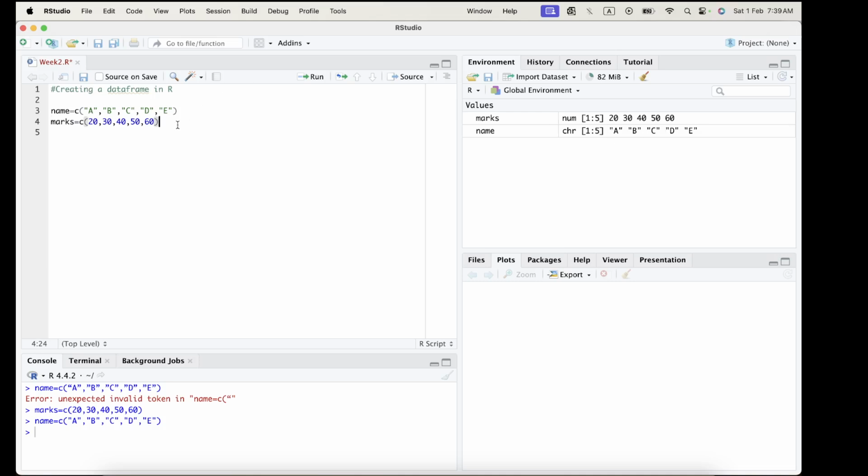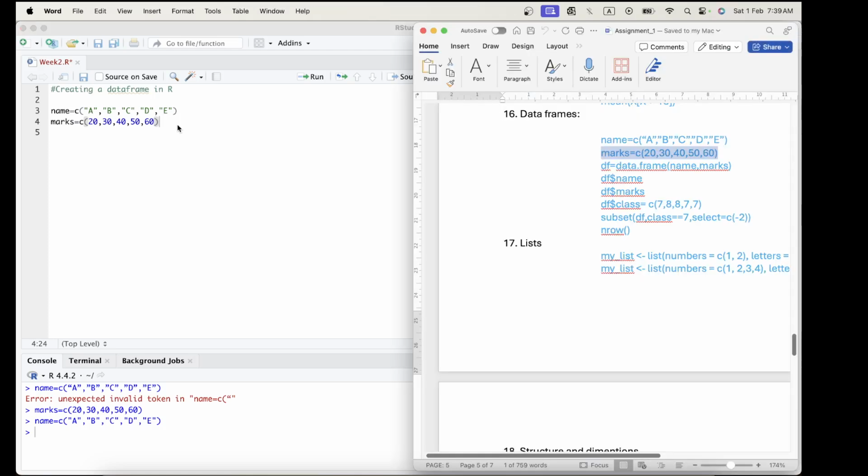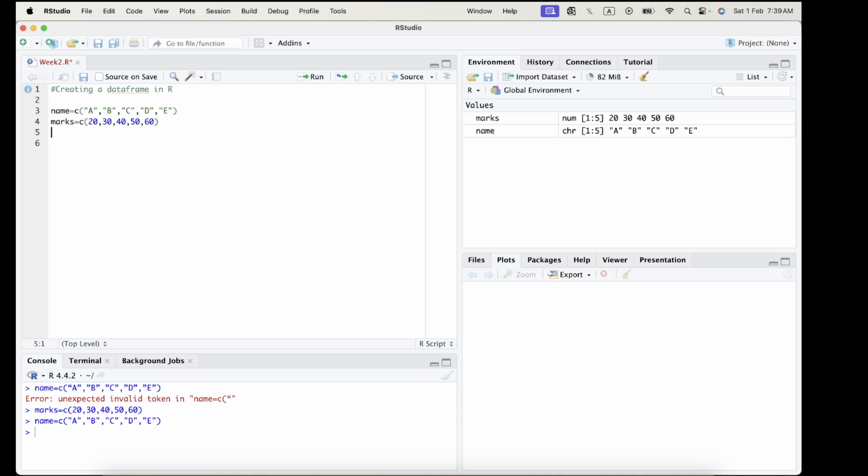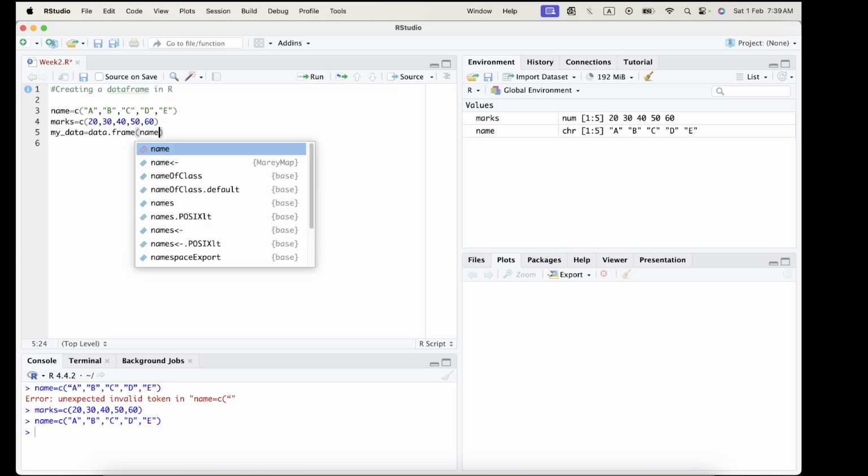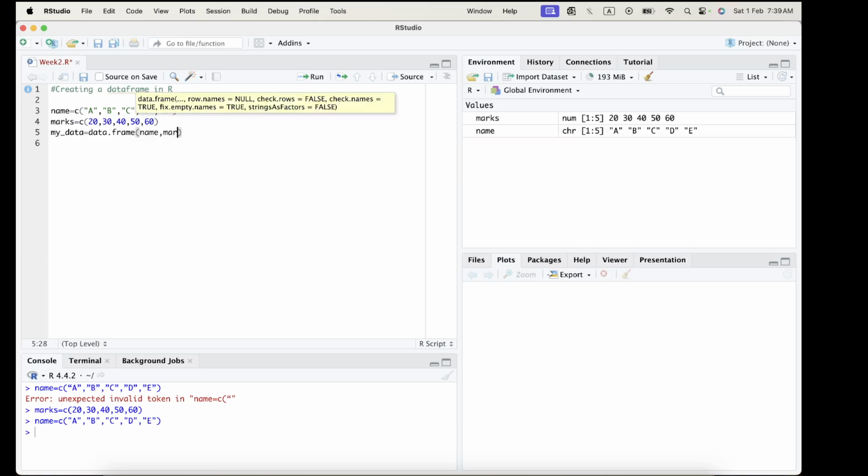Now if I want to create a data frame, all I need to do is give my data frame a name. So I am giving the name my data equal to data.frame, and then name comma marks.